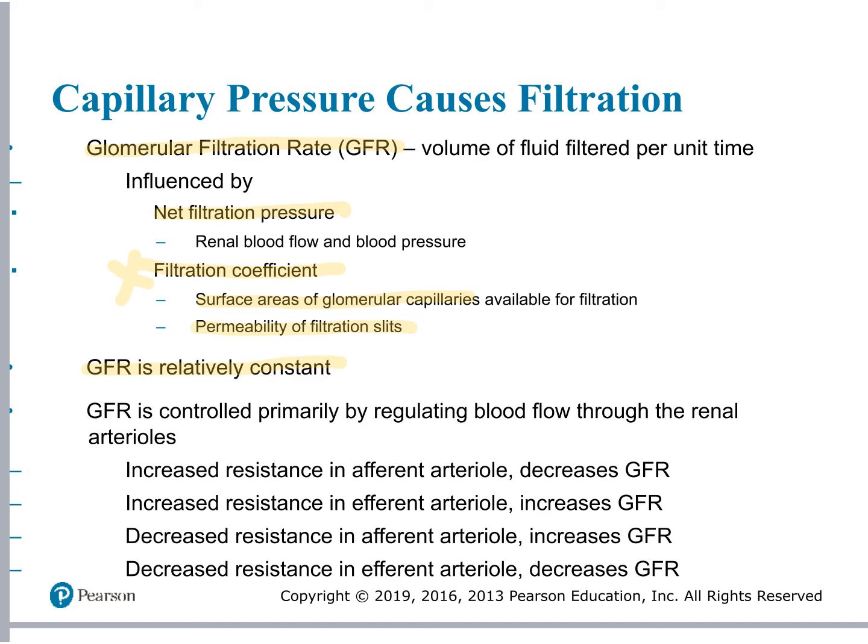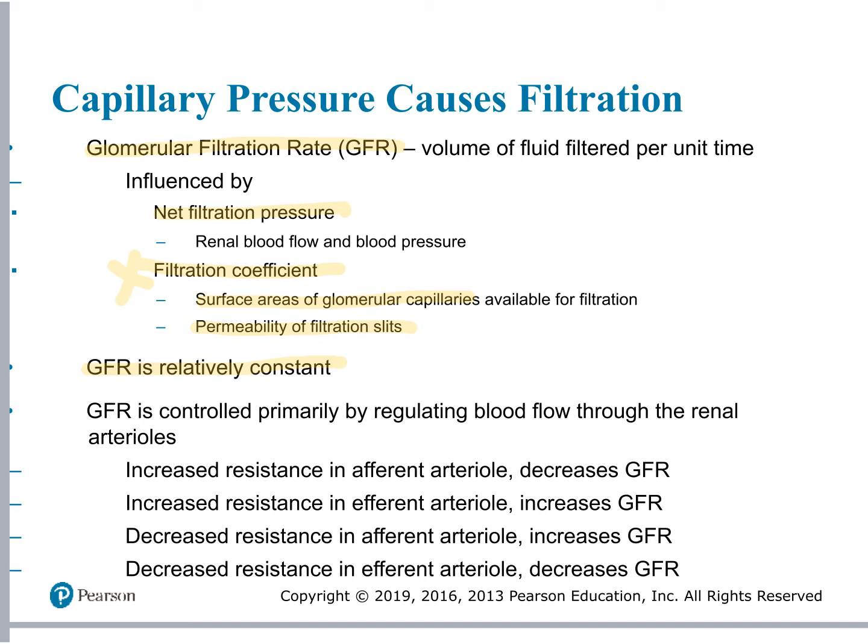Now let's talk about resistance. Remember, resistance opposes flow. What increases resistance through a blood vessel usually has to do with the diameter of the lumen, the radius. The radius has the biggest effect on resistance, which then either opposes or increases flow.